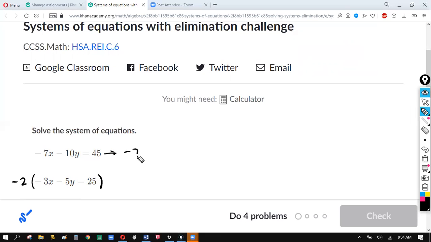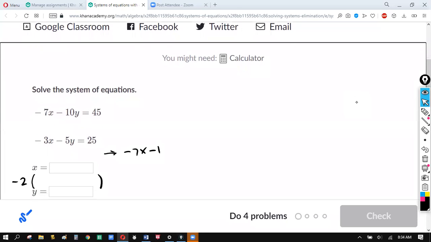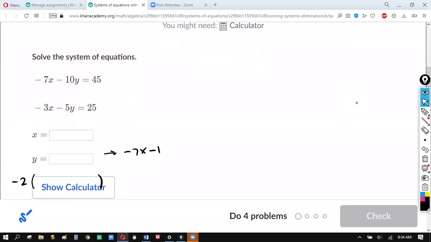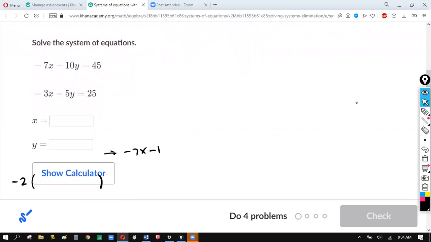Rewriting the top, negative 7x minus, you know what, I need more room here. All right, that's better. So we're multiplying the bottom one by negative 2.